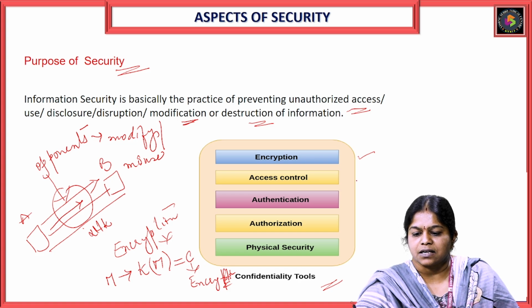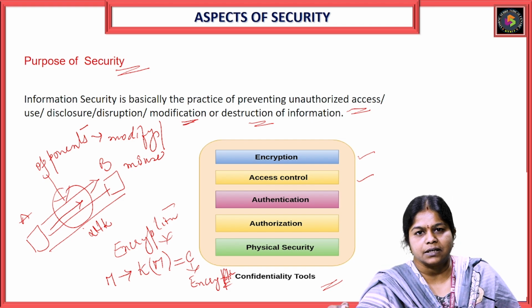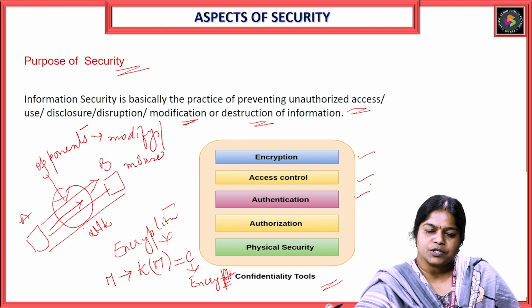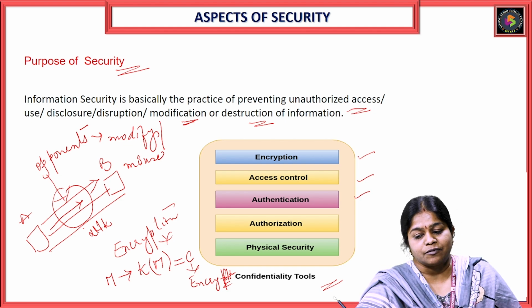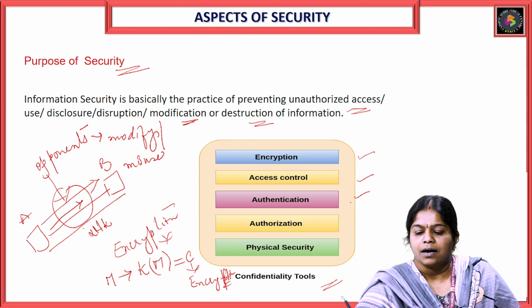And next one is access control. Only authorized persons can have access to a particular information. Based on this access control, we can provide information security. Authentication: during the transmission of the data or during any communication between two nodes on a particular network, we have to check whether we are communicating with an authenticated person or not, whether he is the right person or not.